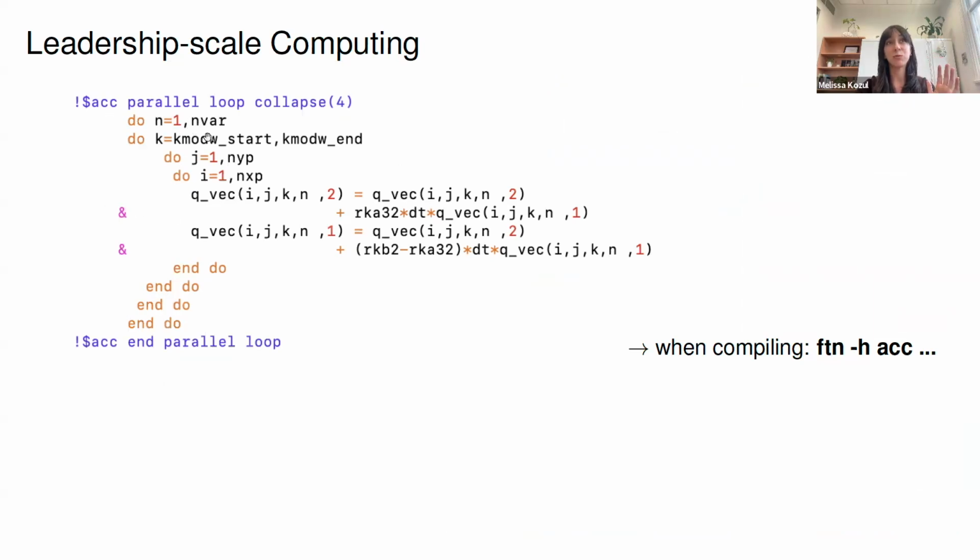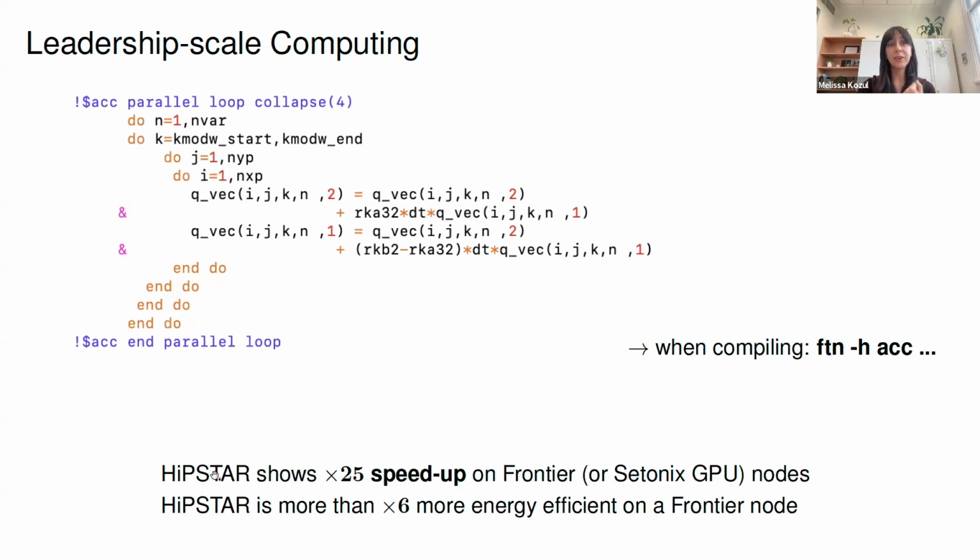When we compile the code, we put in these directives, we say, do this bit in parallel on the GPU, and then it can figure out, depending on the compiler and the hardware, how best to accelerate this. And so it doesn't have to happen serially, but in parallel. Our code shows a 25x speed up for using these GPUs in this way.